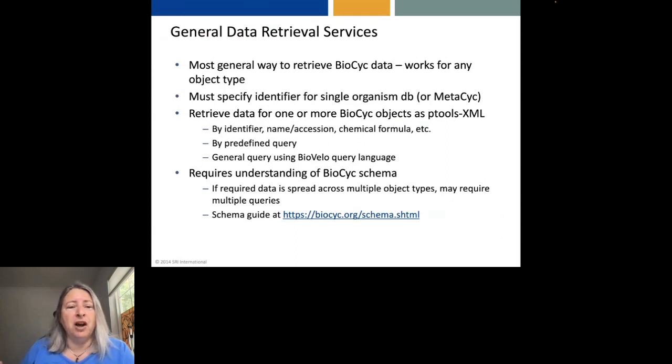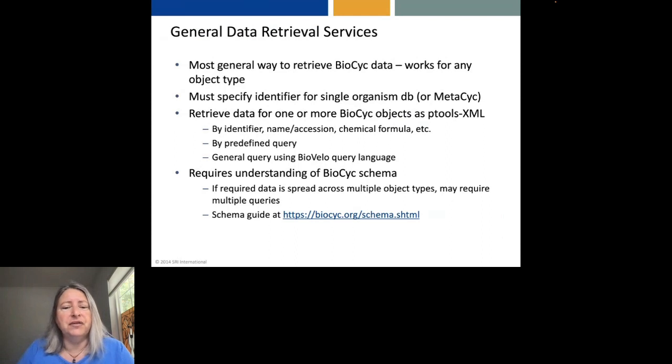So when I talk about objects, I'm thinking all the way from genes, compounds, pathways, reactions, as well as the objects that we use to represent regulation and catalysis and everything in our schema. Each of the data retrieval queries is for a single organism database, or a single database. MetaCyc counts as a single database, even though it covers multiple organisms.